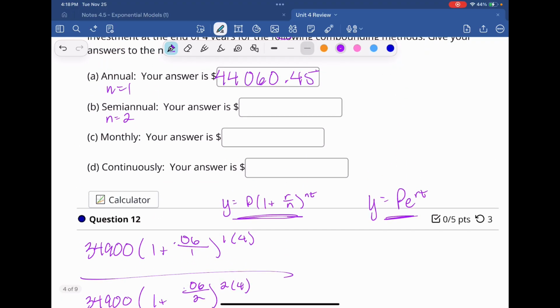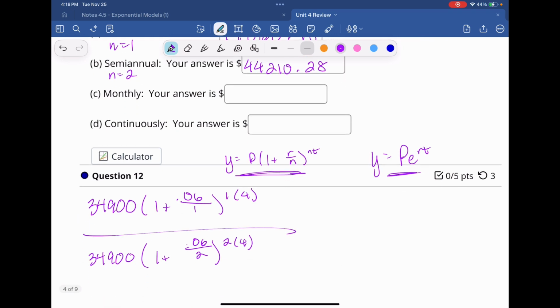So that's going to give me 44,210.28. So now I'm on this one, monthly, which means n is 12.